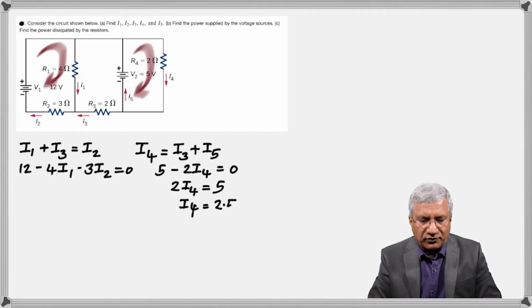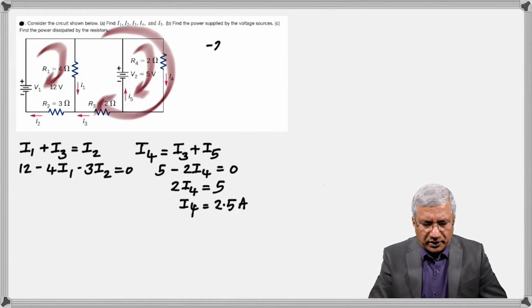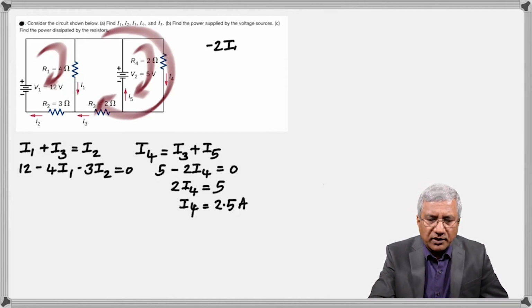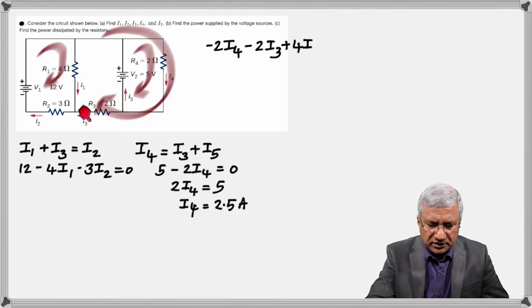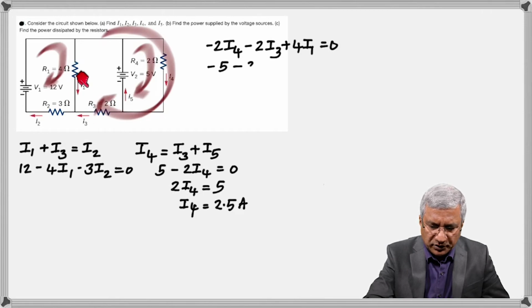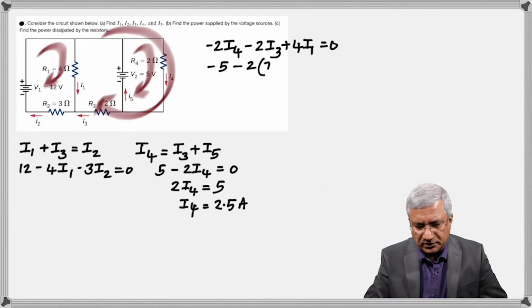Once you get I4, now I'm applying the loop rule in this loop. So that would give minus 2I4 minus 2I3 plus 4I1. You know why plus? Because we're going against the current. Is equal to 0.